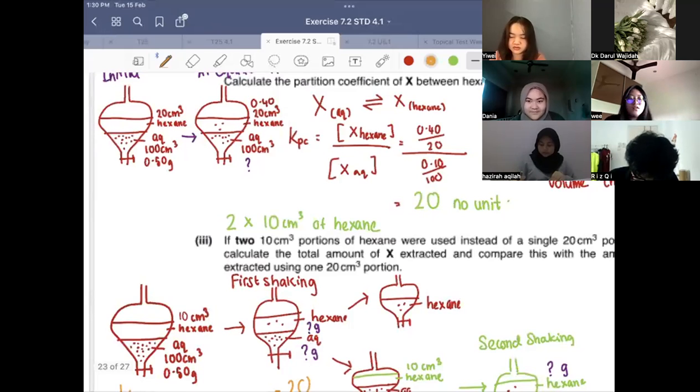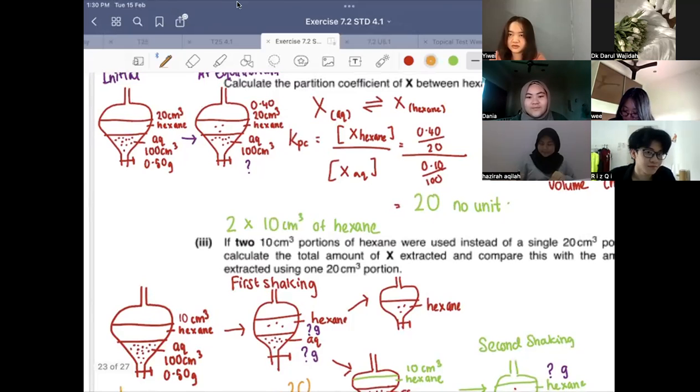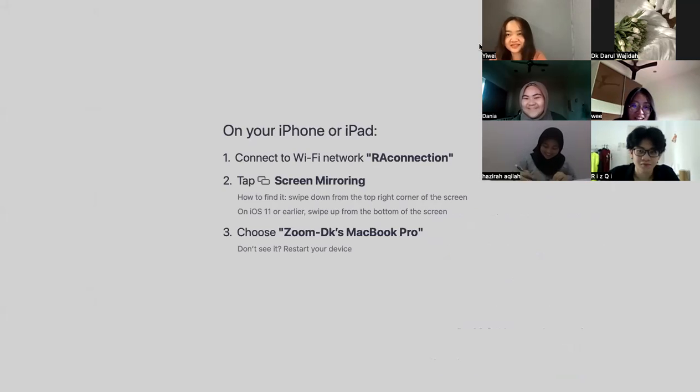Miss, the screen is stuck. Oh, freeze. The screen is stuck. Thank you. How long has it been stuck? 5 minutes. Huh? 5 minutes and you guys didn't tell me? Oh my. Hold on.